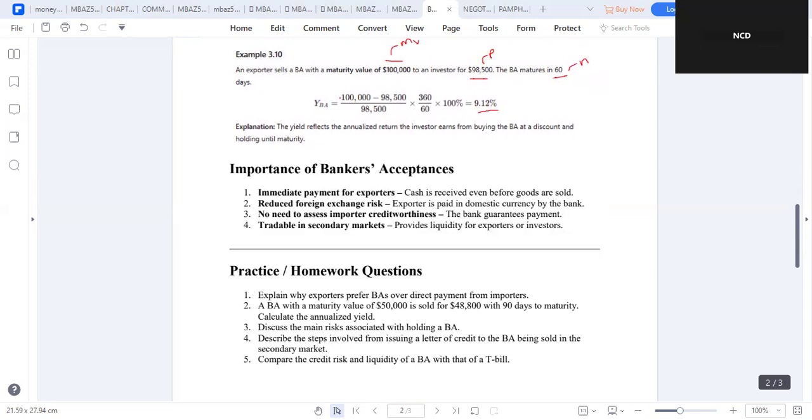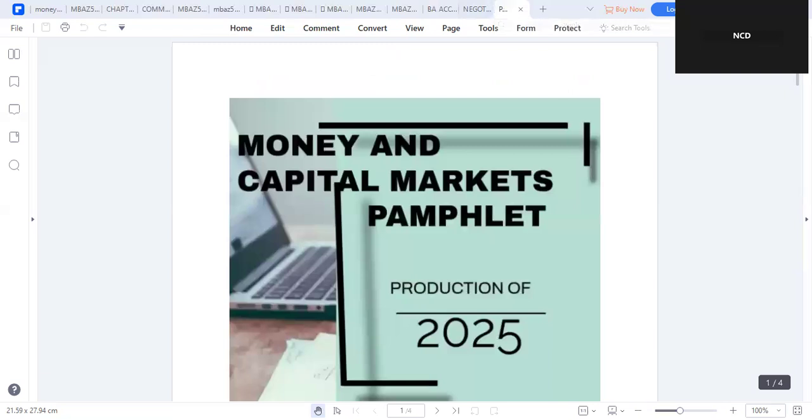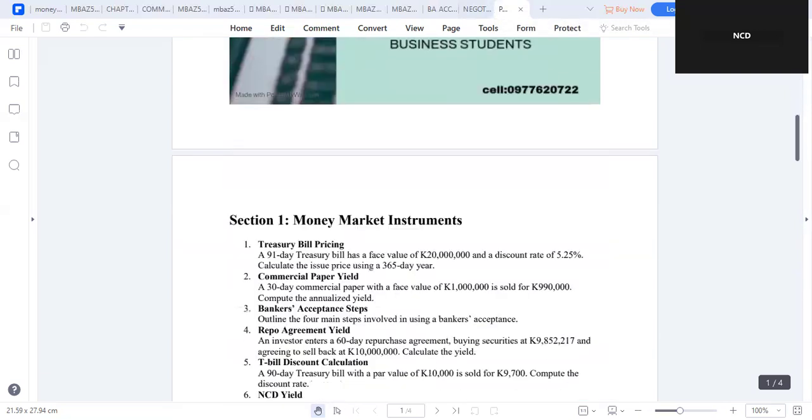So we're going to look at questions from our module. So that is the formula that we are going to look at. So we can go to an exam type question on the banker's acceptance.